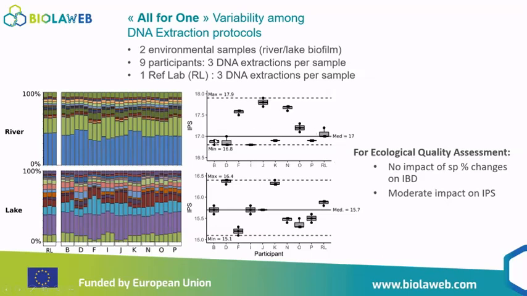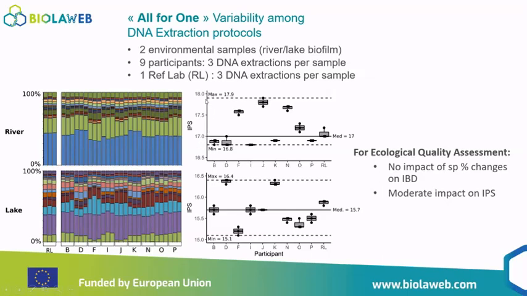And we put this line at the median for all the results. And you can see that all the results are not far from 17, which is the mean value for IPS.